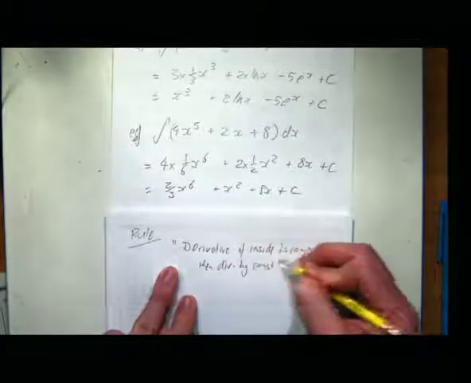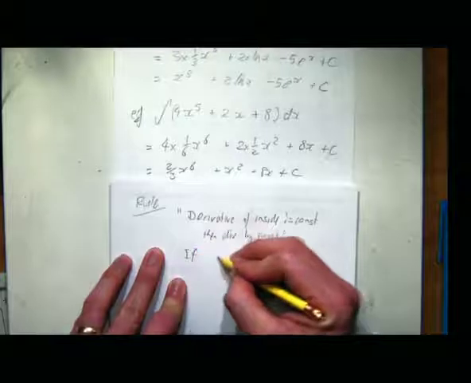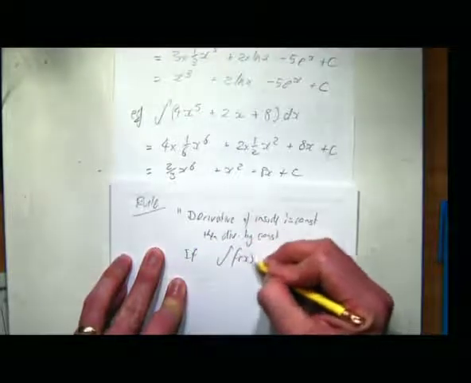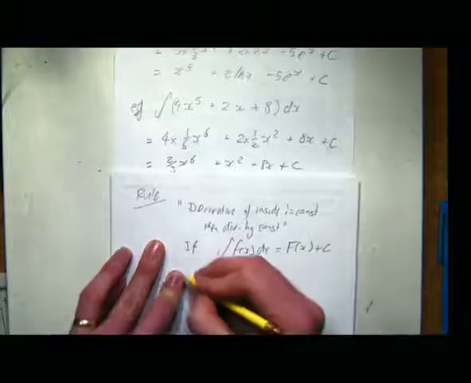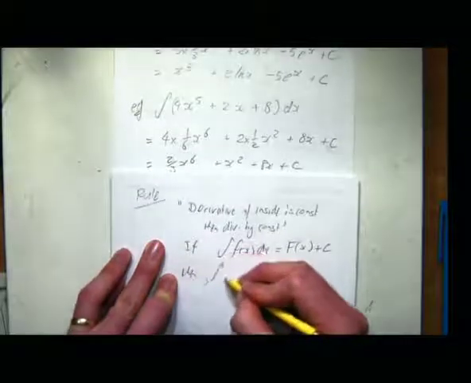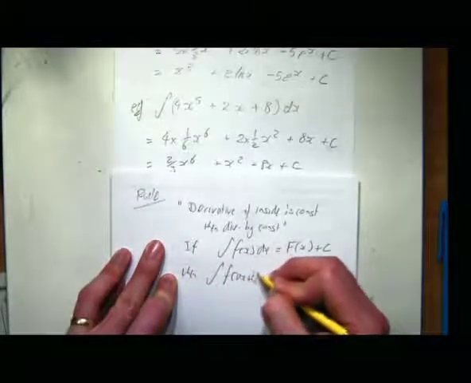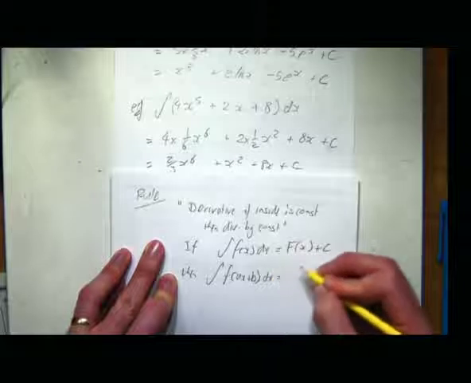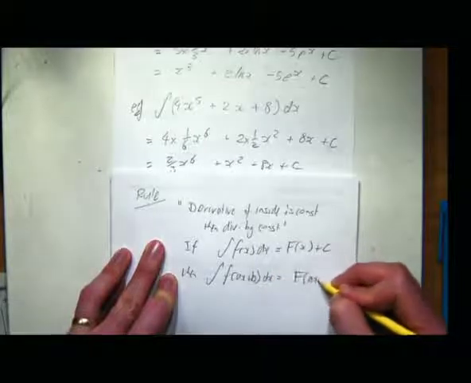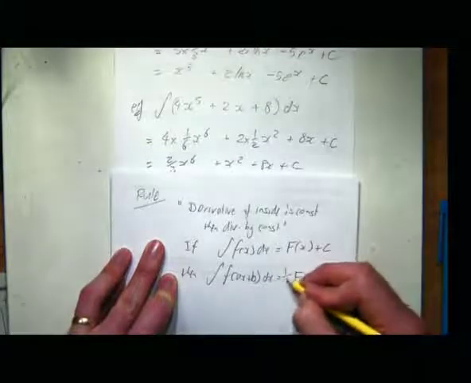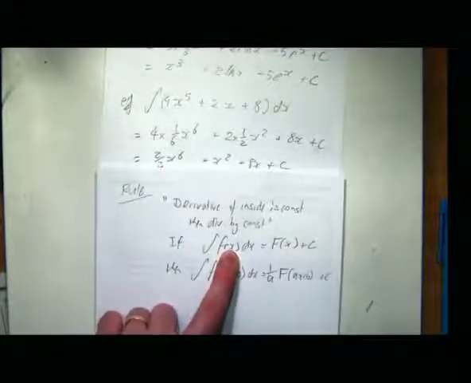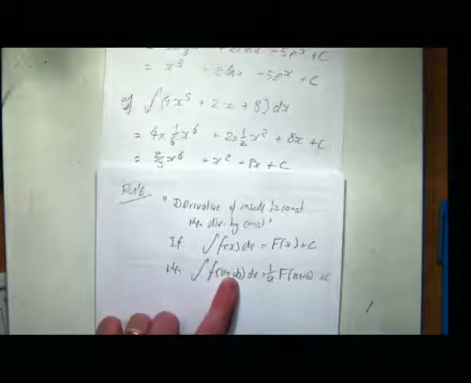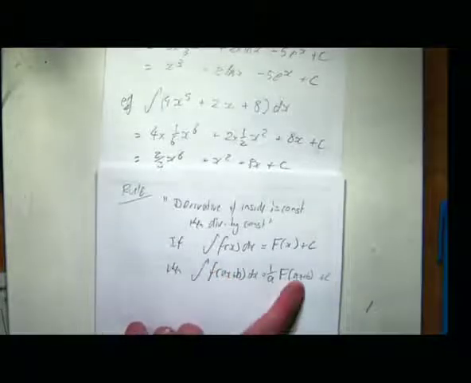And what it means, just as another thing, so that if you know that the integral of f of x dx is capital F of x plus c, then the integral of f of ax plus b dx is F of ax plus b divided by a. So if you would know what to do if the inside was just x, but it's not x, it's ax plus b, well, pretend it is x and divide by the a.